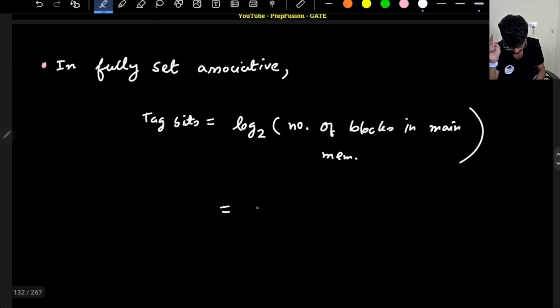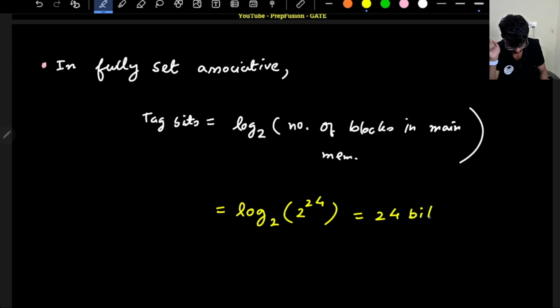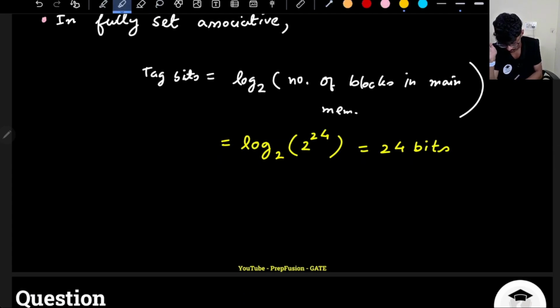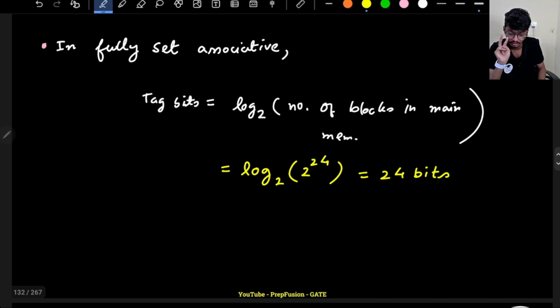It will be log of 2 raised to power 24 bits, which equals 24 bits. So 24 bits will be required as the tag bits.